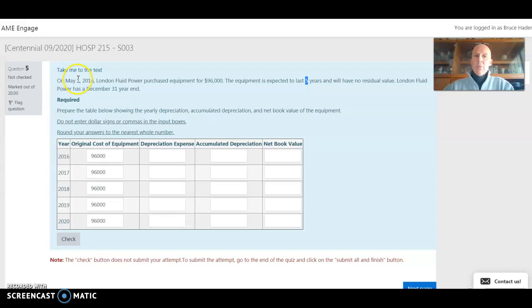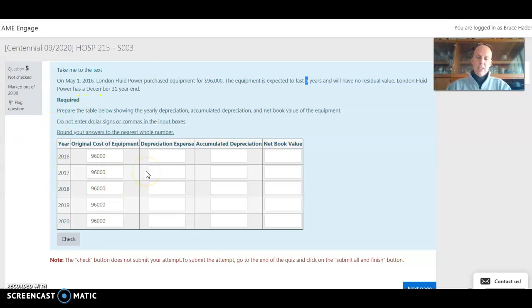May the 1st is when we purchased the equipment, so it was used for May, June, July, August, September, October, November, and December with the December 31st year end. So for the full month of May, and then June through December, 8 months of depreciation.